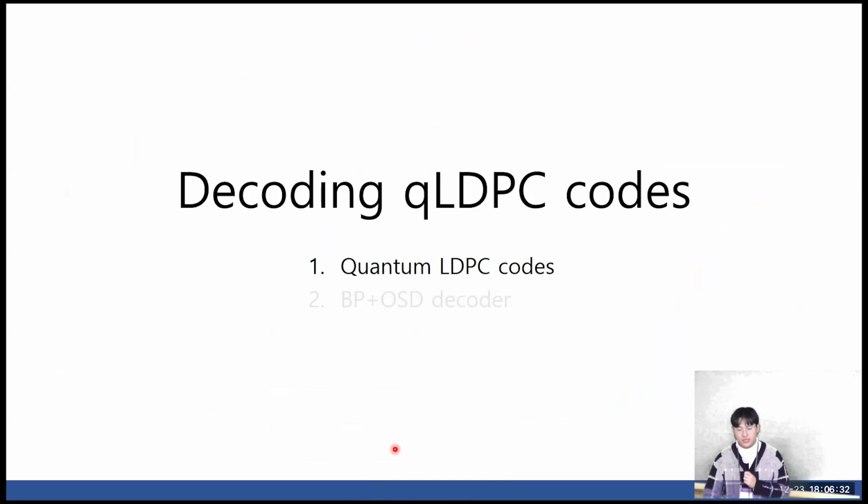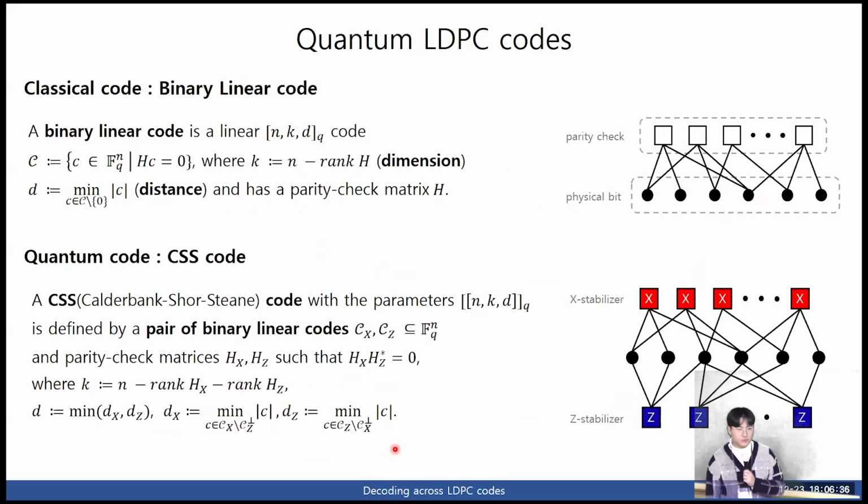Okay, we'll go to how to decode QLDPC codes. Before moving on to QLDPC codes, we give a formal definition of error correcting codes. All the classical codes are binary linear codes, which are defined right here.